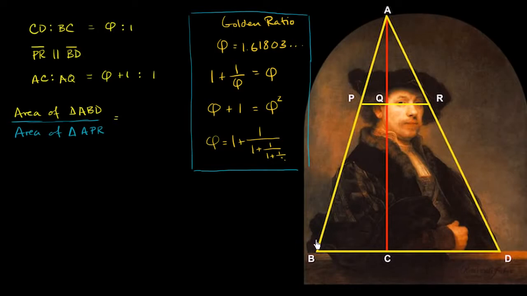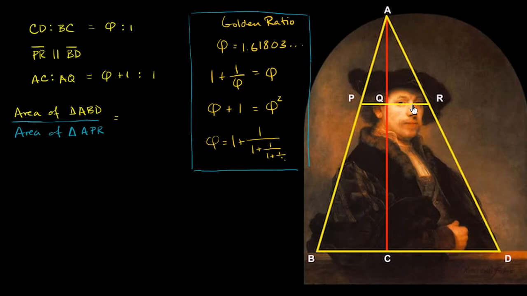We can construct a triangle. Obviously, these triangles aren't part of his original painting. We superimpose these. But if you were to put a base of a triangle right where his arm is resting, and then have the two sides of the triangle outline his arms and shoulders, and then meet at the tip right at the top of this arch, you would construct triangle ABD, just like we have here.